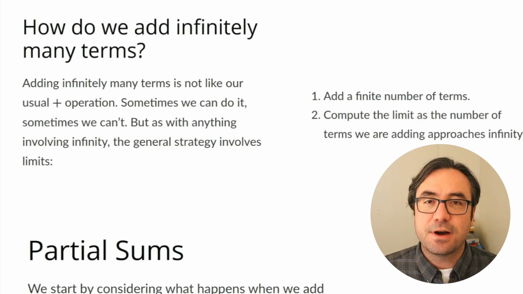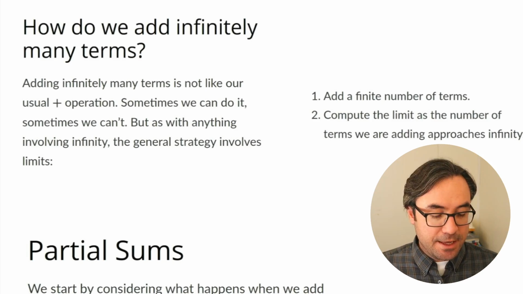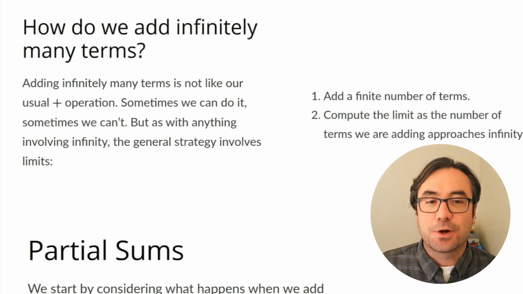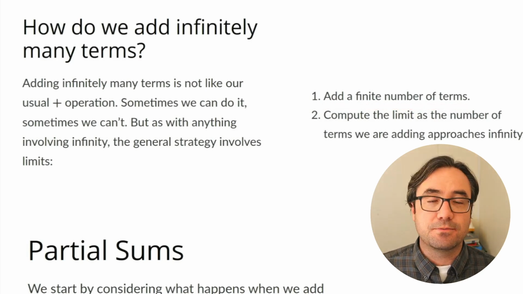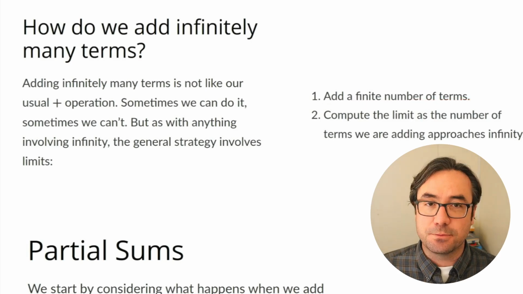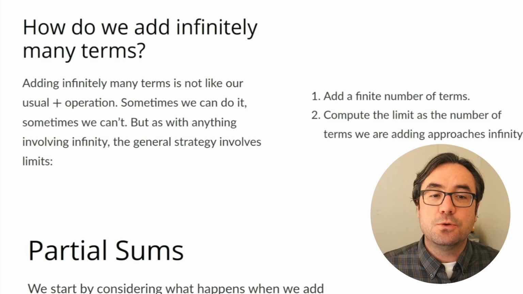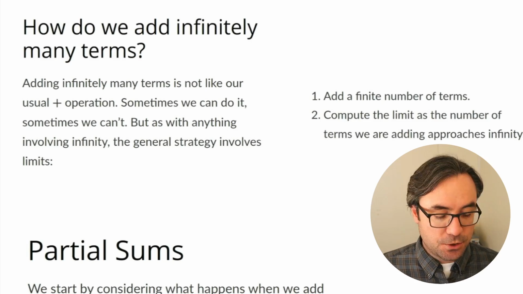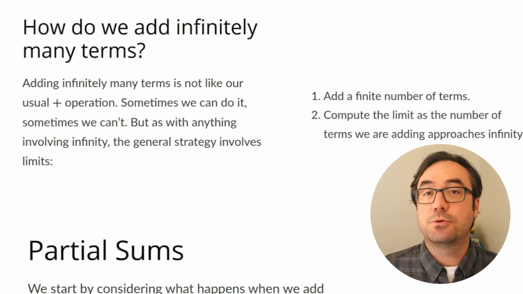The idea for how to add infinitely many terms together is, well, we're not. We're going to add up a finite number of terms, and that we can do with regular addition, so there's no question there. And then the idea is we're going to see what happens to that finite sum as we use more and more terms. So we're going to compute the limit as the number of terms we're adding together approaches infinity.